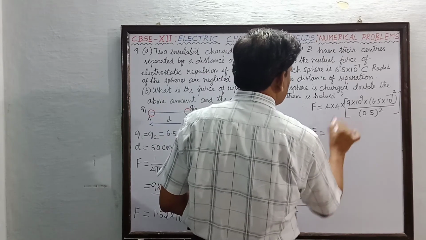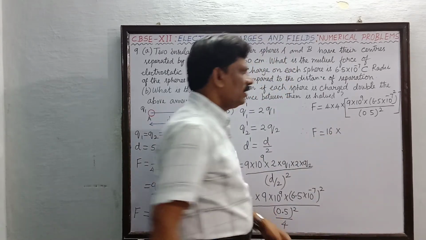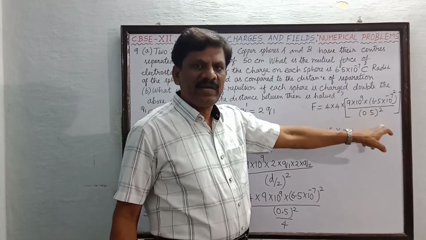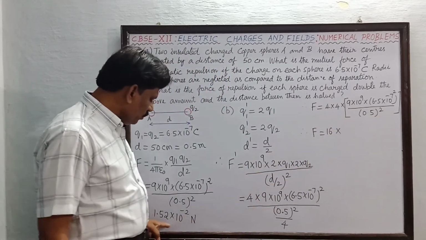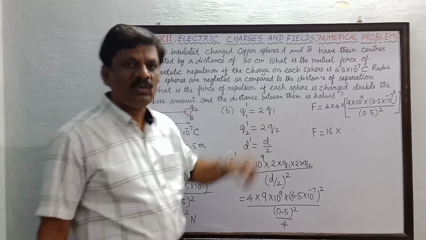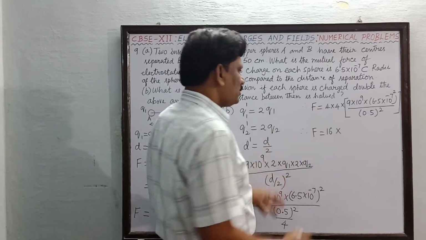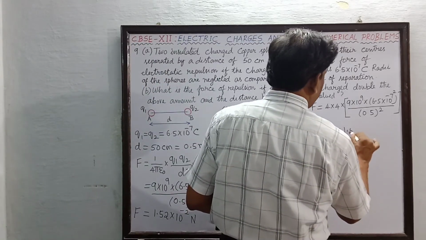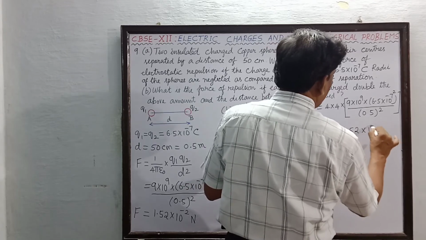16. So this is 16 into, we have already calculated this value in the first case, so 1.52 into 10 power minus 2 can be substituted. So 16 into 1.52 into 10 power minus 2.